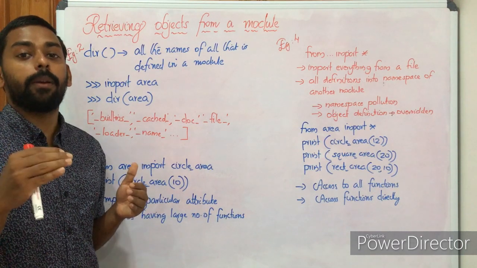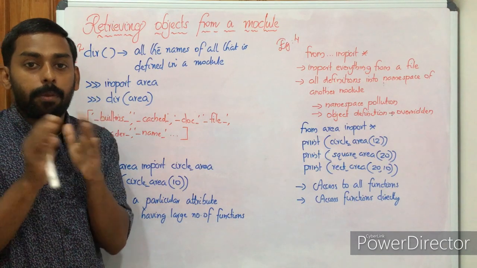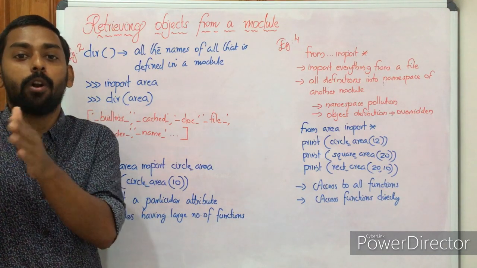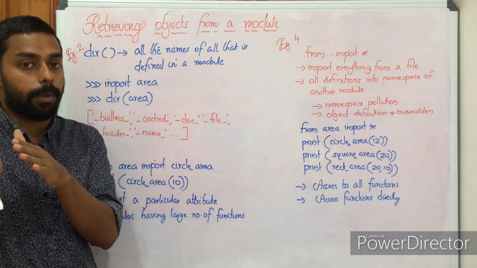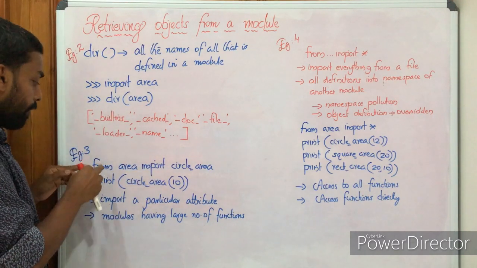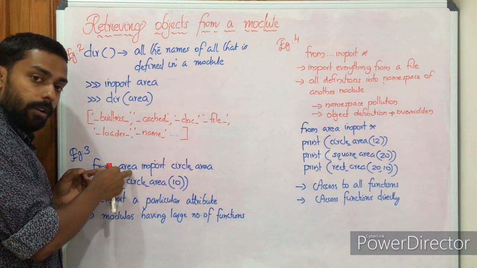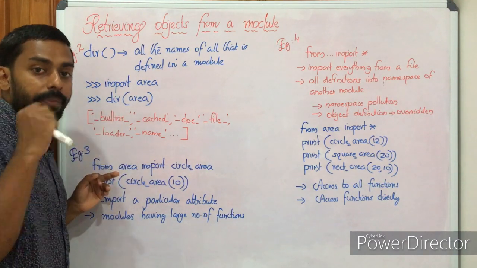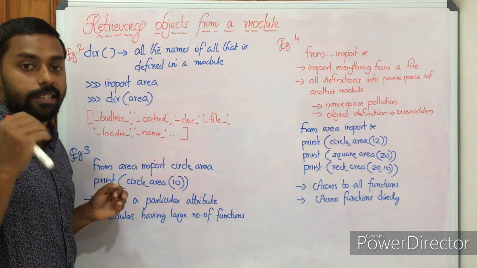In that case we make use of from import. You know the syntax: from module name import function name. Here we have an example: from area import circle area. We know in the module area we have defined three functions: circle area, square area and rect area.